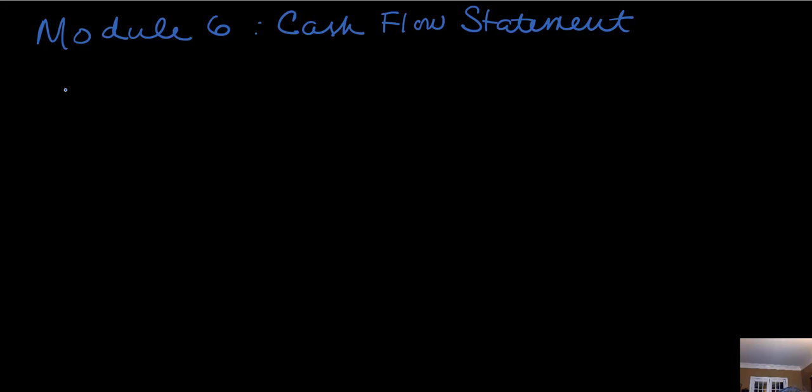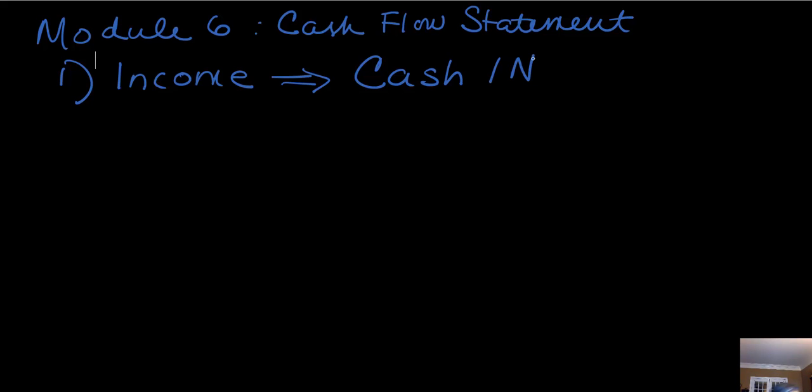The first part is income. And so if we're creating this cash flow statement on a cash basis, then the income is simply all of our cash in. So that could be cash from a number of sources, not just salary and wages.